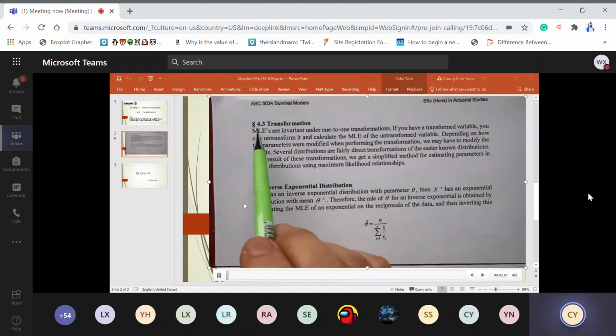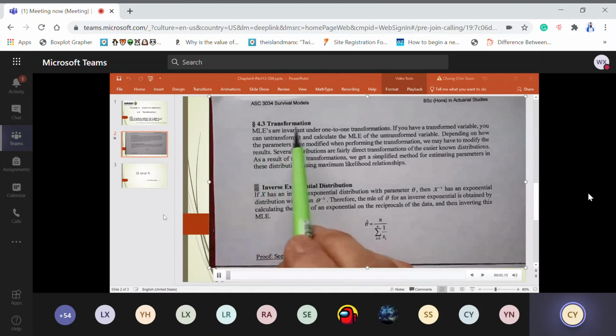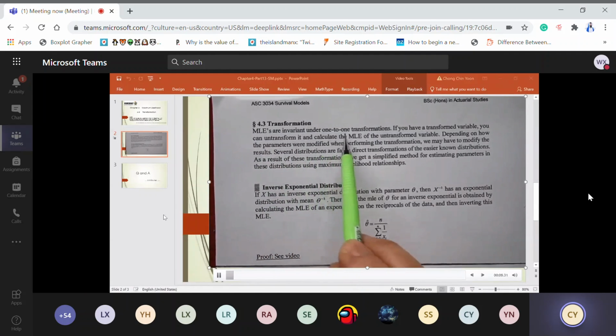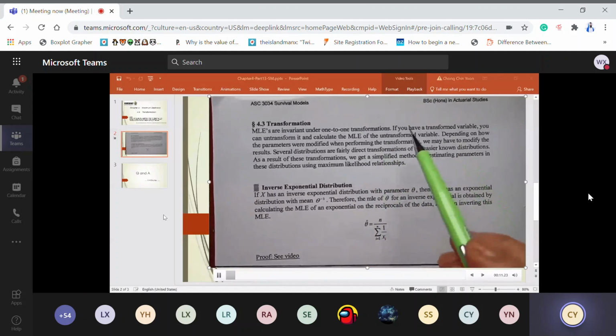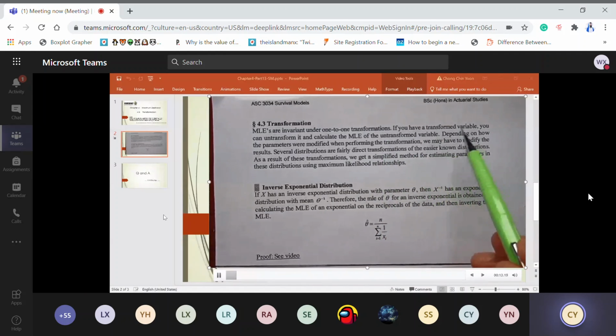Section 4.3, Transformation. MLEs are invariant under one-to-one transformations. If you have a transformed variable, you can untransform it and calculate the MLE of the untransformed variable. Depending on how the parameters were modified when performing the transformation, we may have to modify the results.